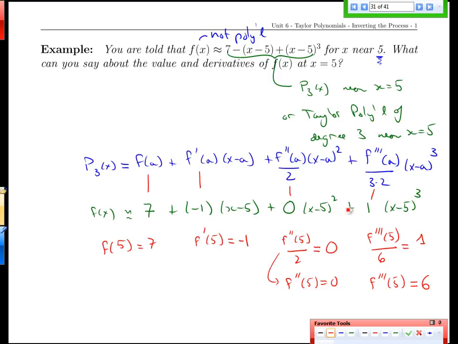And once we fill in our function, put it right alongside what the polynomial from the Taylor polynomial would be, we can equate the coefficients of the respective powers of x, and from that we can find the value of the function, the derivative, second derivative, third derivative, up to the degree of the polynomial that we were given in the first place. So take a look at the practice problems, and hopefully that'll reinforce some of the ideas in this particular example.